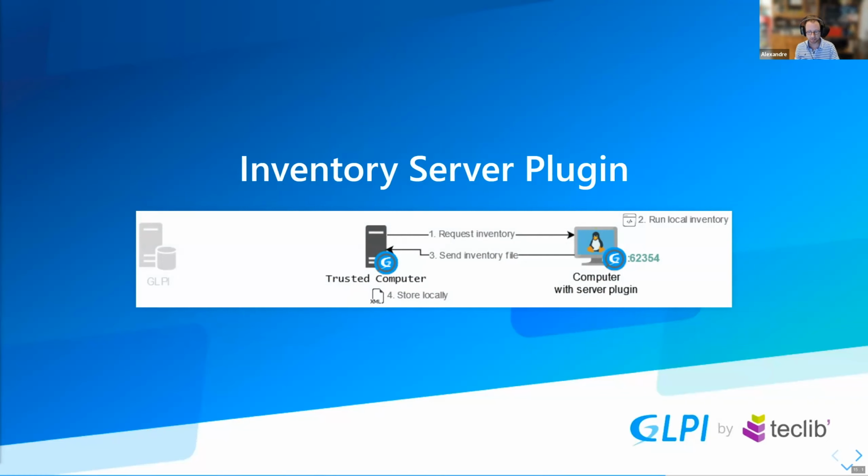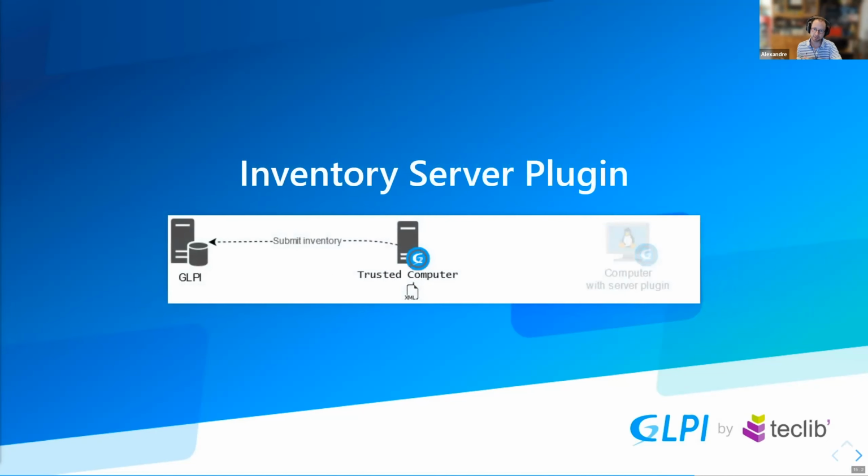It starts with an inventory request. The remote computer runs the local inventory and sends back the inventory file to the trusted computer. The trusted computer stores the inventory file locally and then submits the inventory to the GLPI server.